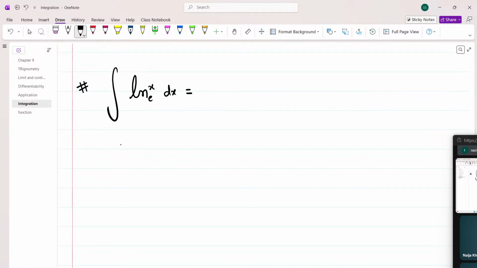This is a major problem. We know the integration of 1 by x. What is it? This is ln x plus c. But we don't know the integration of ln x. Are you getting? This is the major problem, isn't it?